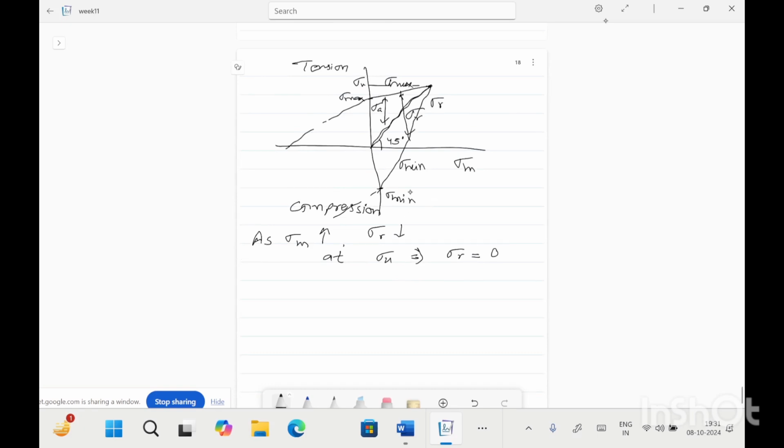So from this phenomenon we can say that the high cycle fatigue is stress controlled.